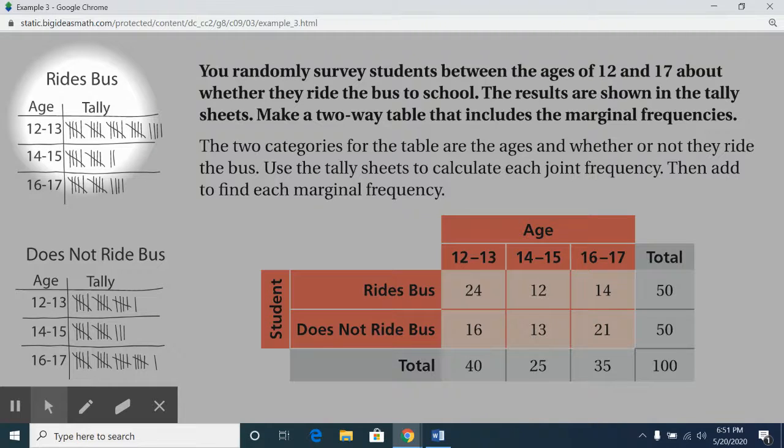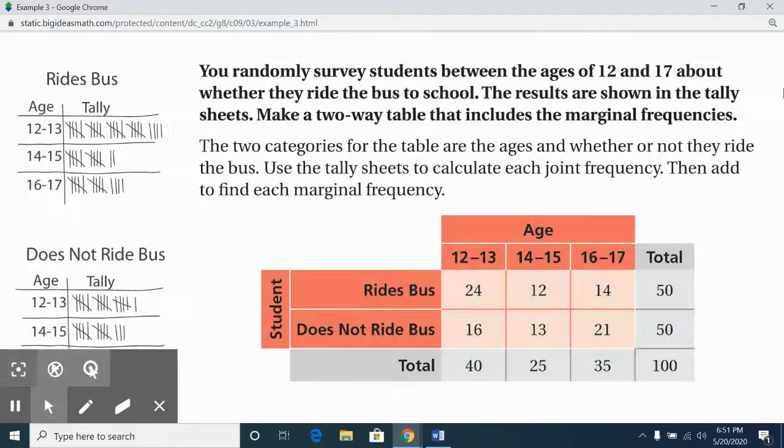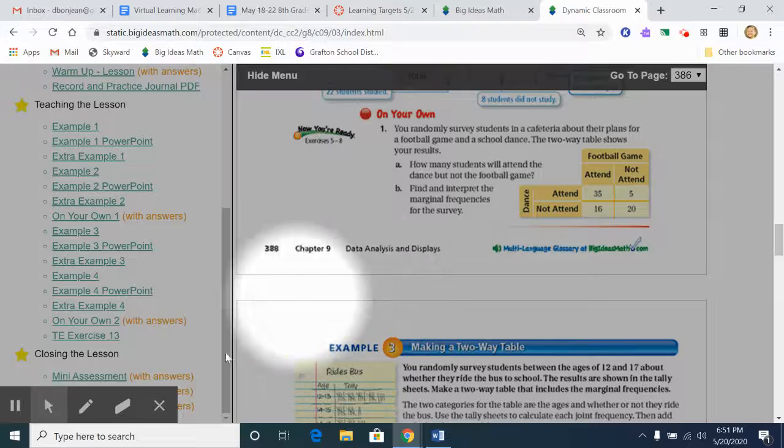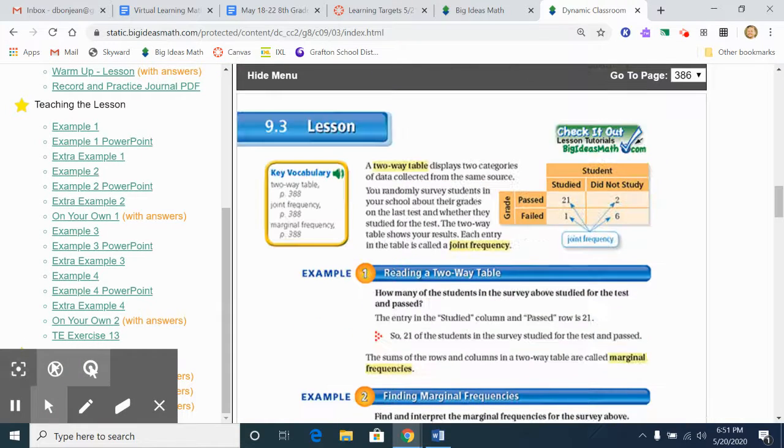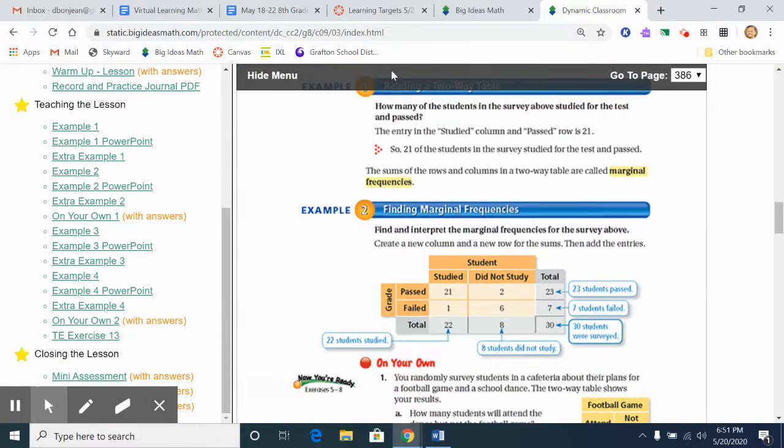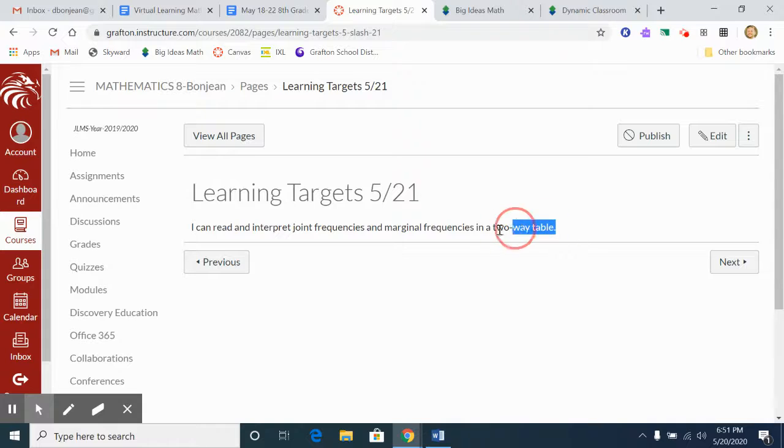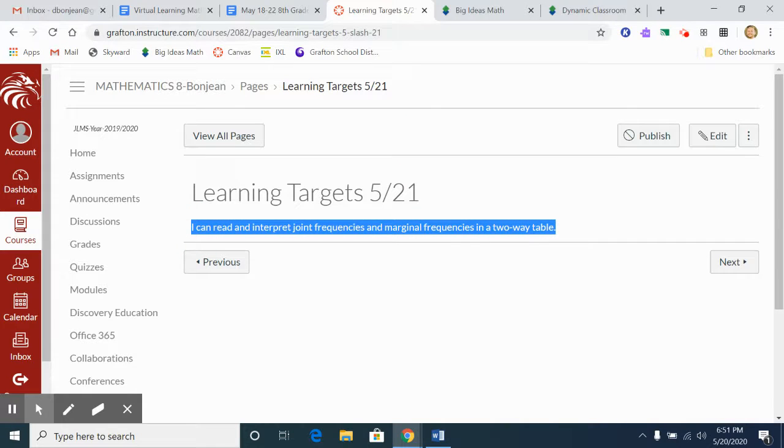So we can look at this again when it comes to that, but what we mainly want to focus on today is what we talked about in examples 1 and 2, which is that we can read and interpret the joint frequencies, which are the ones in the columns and the rows, and the marginal frequencies, which are the sums of the columns and the rows, the totals, okay?